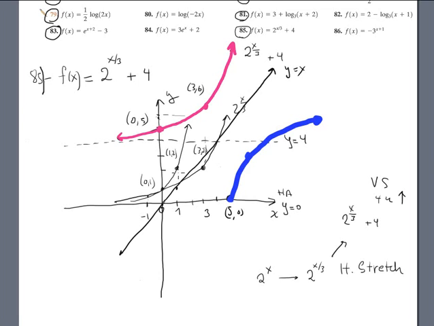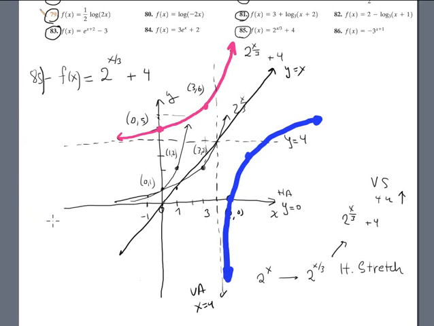We have the vertical asymptote at 4 here, x equals 4. And this continues here. It approaches it but never touches. Okay, good. Not bad.